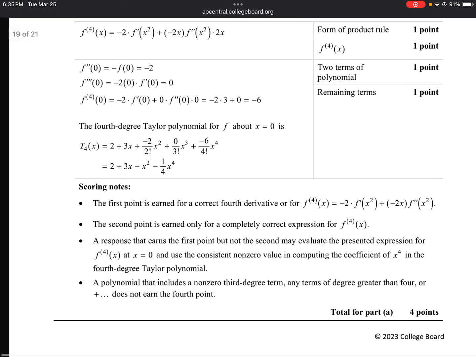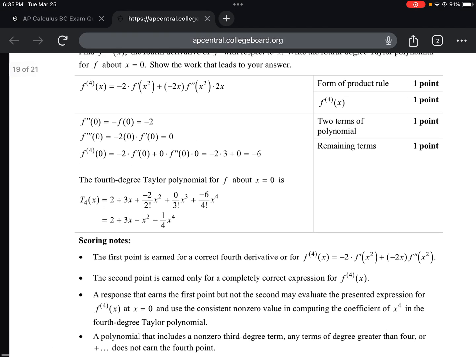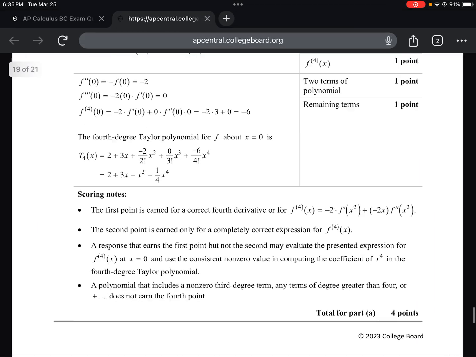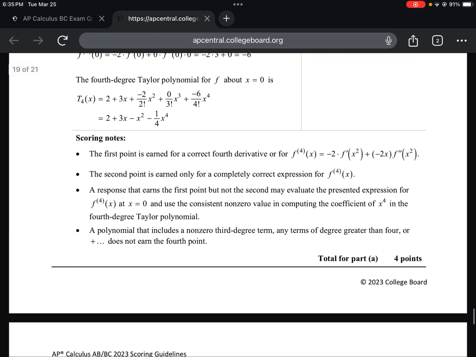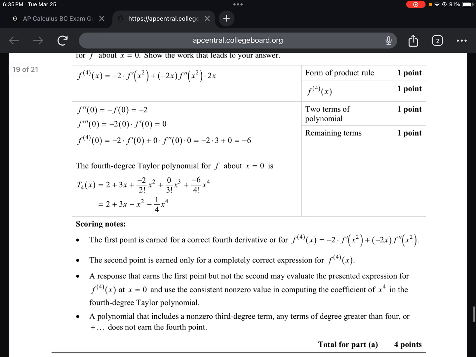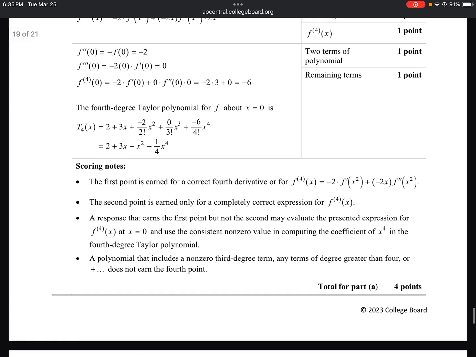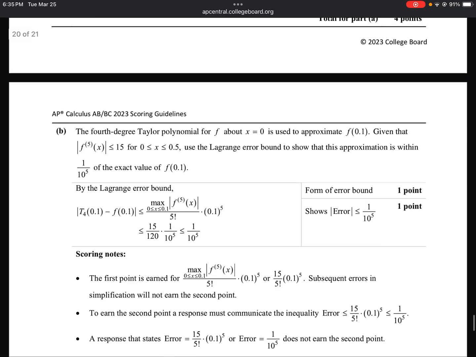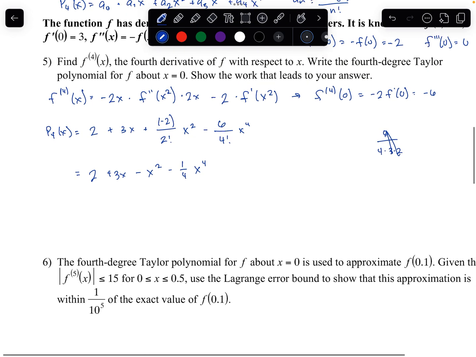I guess do it right and get all 4 points, which is what I do. Thing is, I don't even understand what these last 2 bullet points are saying. And I don't really care because I got it right. That's what you should take away from this video.